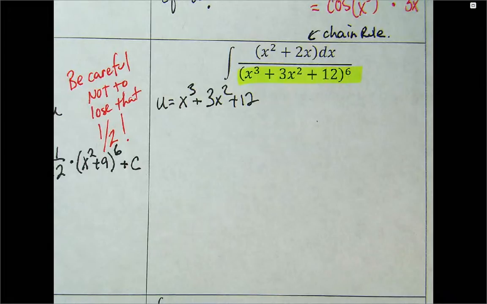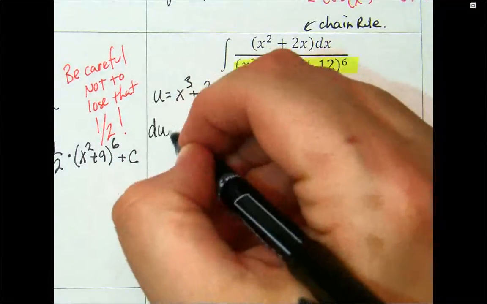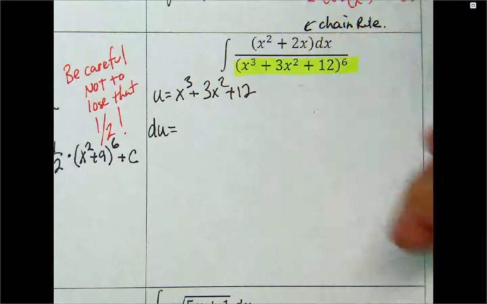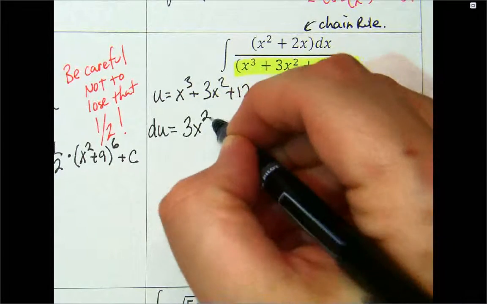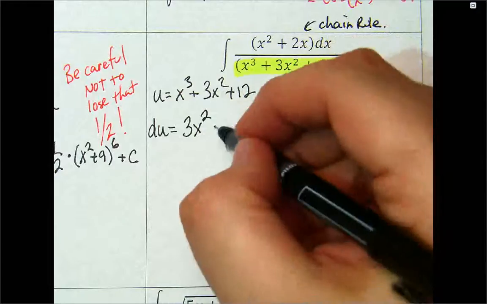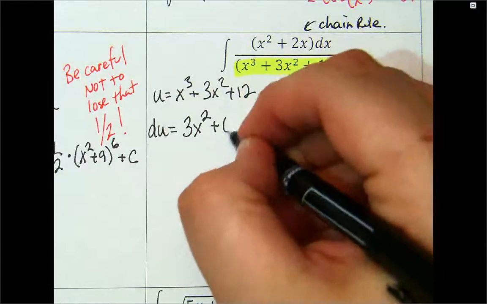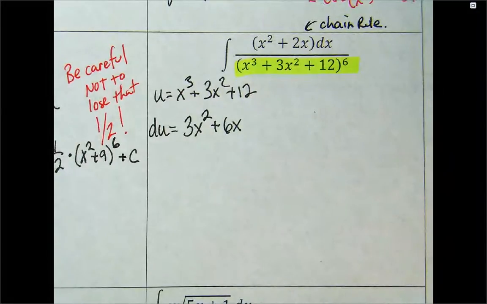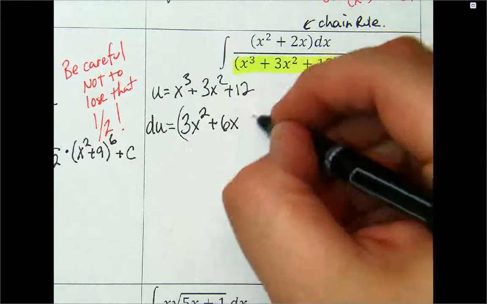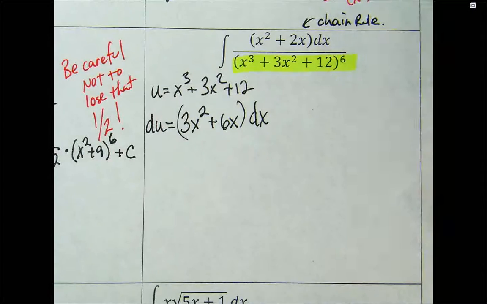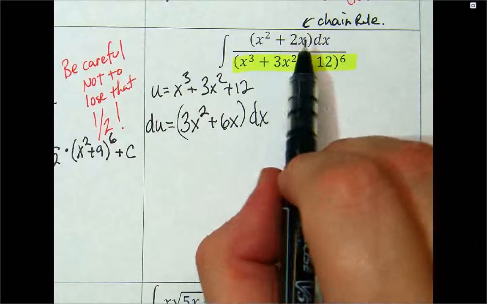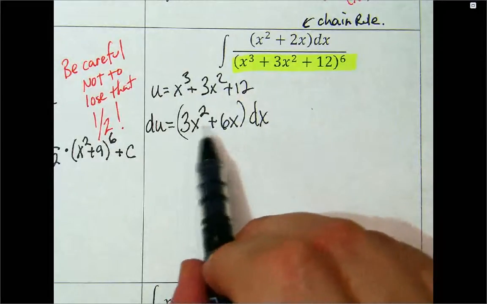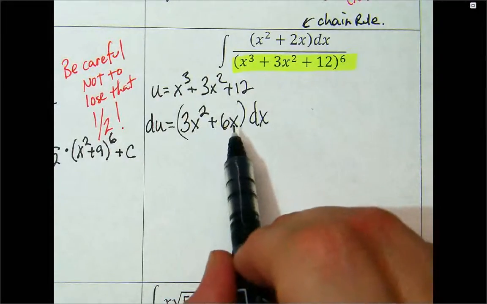So I need my du to be equal to, well, what's the derivative of x cubed? 3x squared, and the derivative of 3x squared is 6x. And then all that times dx. Now, if I look at what I have up here, x squared plus 2x, and I have 3x squared plus 6x, you can factor a 3 out, right?